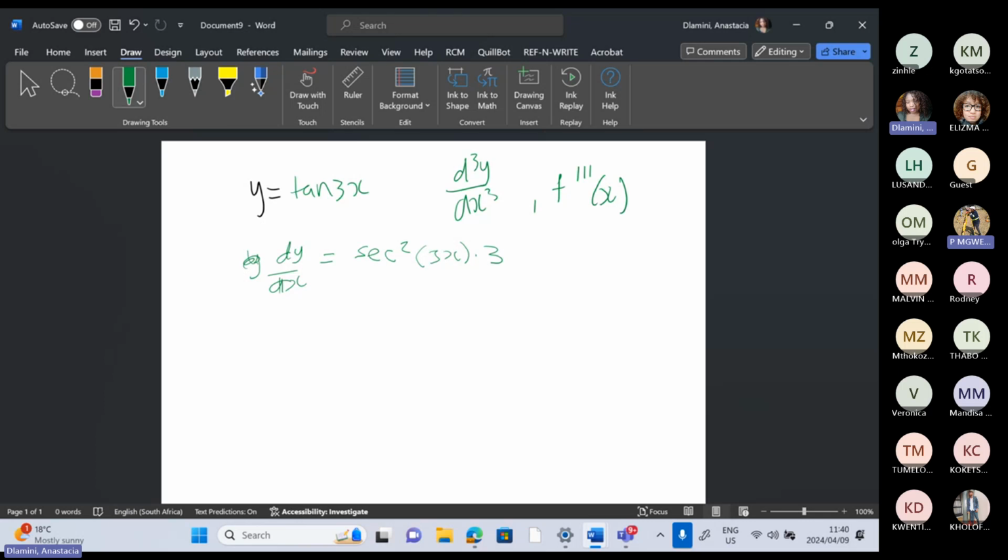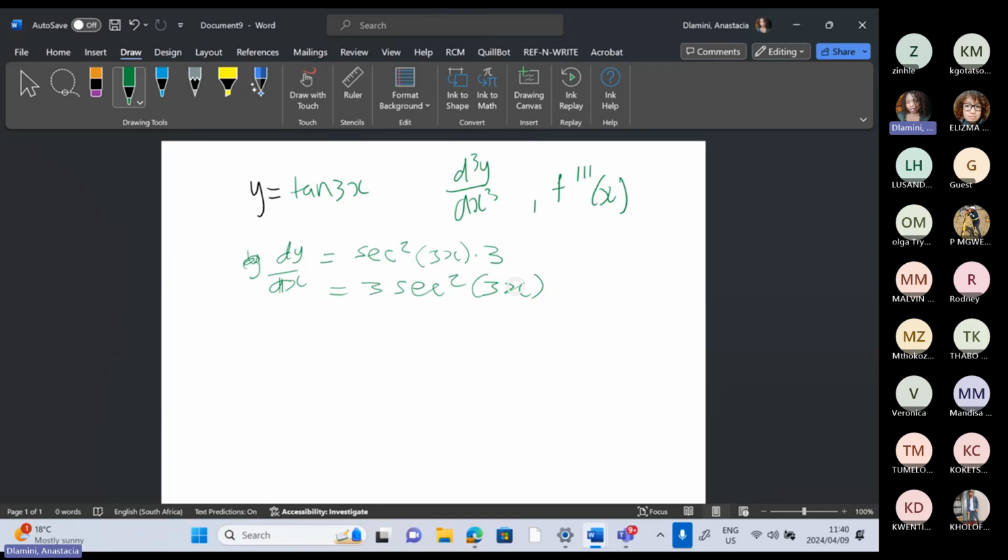Which is good. So it's 3 sec squared 3x. Is there anyone who doesn't understand how they got it? Guys, don't be shy. Should I explain? Okay.